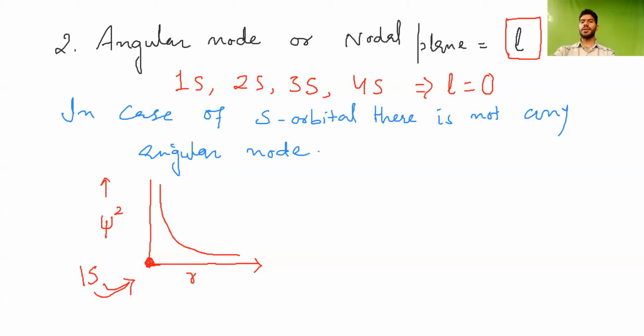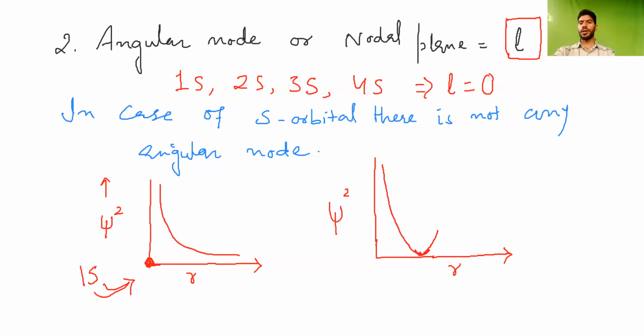But now if I'm having 2s, what will be the graph? Let's say this is the graph I'm plotting between psi square versus r. So first of all, electron density is very high around the nucleus, that means near the nucleus, then it decreases. Then there is such a space where there isn't any electron.